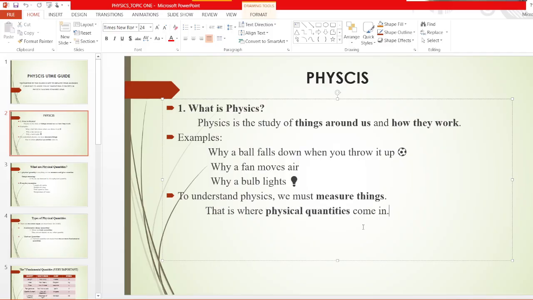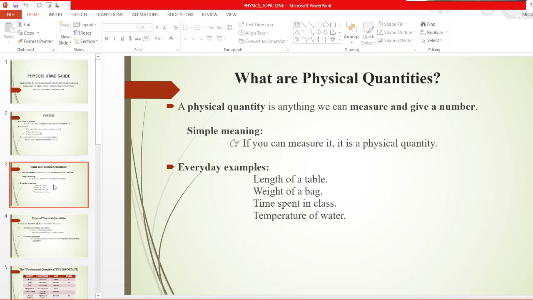So every time we measure something, understanding why we measure it is called physical quantities. So we'll be treating what then is physical quantity. A physical quantity is anything we can measure and it will give you a number. So if you can measure it and it gives you a number, it is a physical quantity.